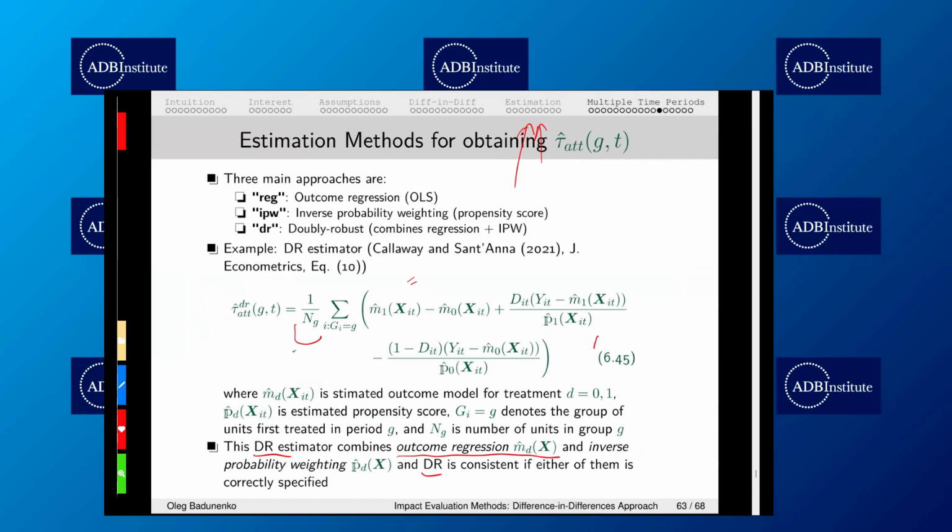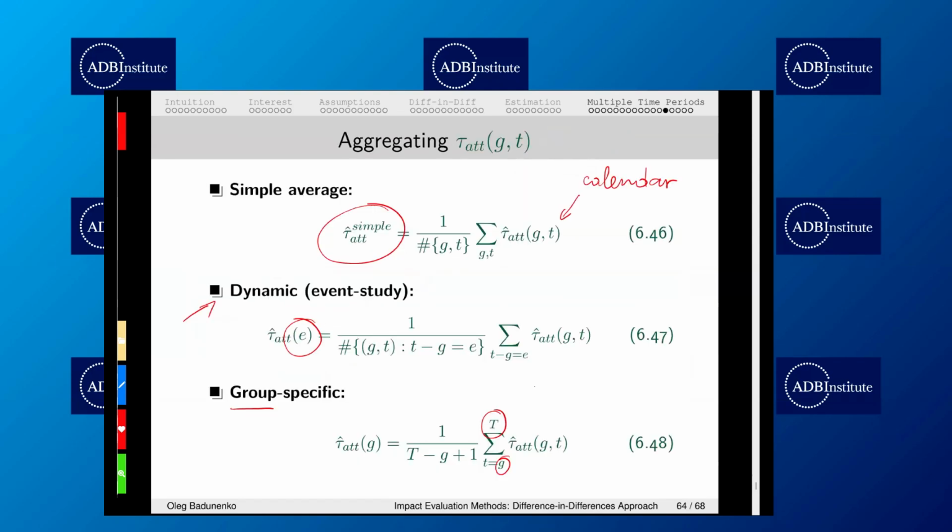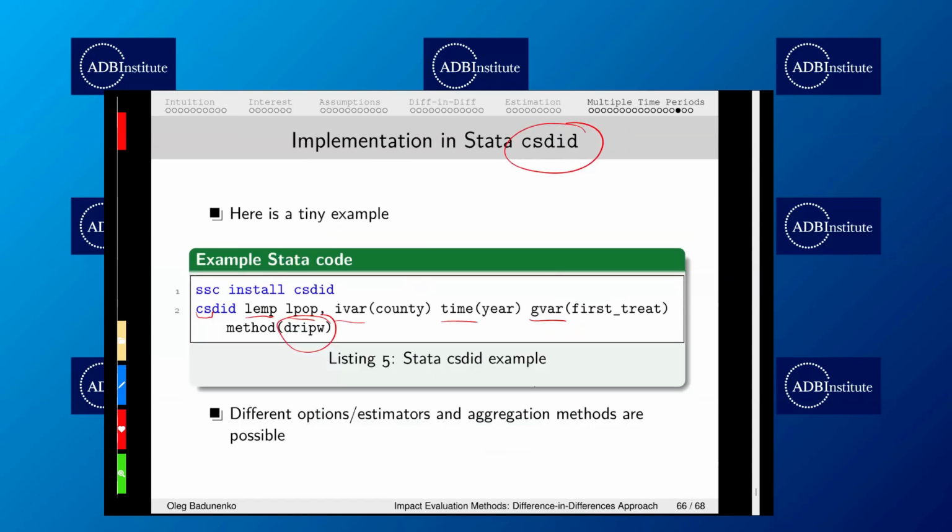But obviously there is nothing you can't implement in the software. So that method estimates exactly the average treatment effect on the treated using this formula. Okay. And I'm going to look into different types of estimation for this command here.